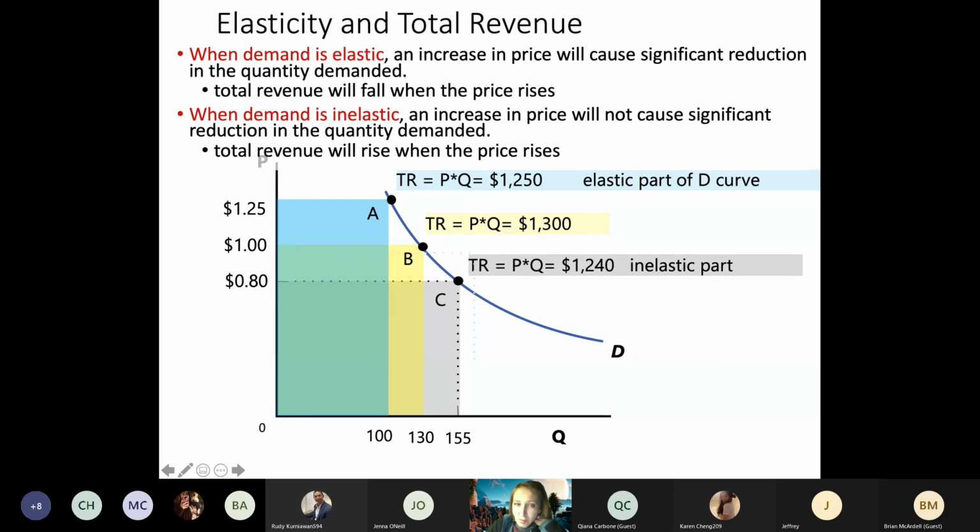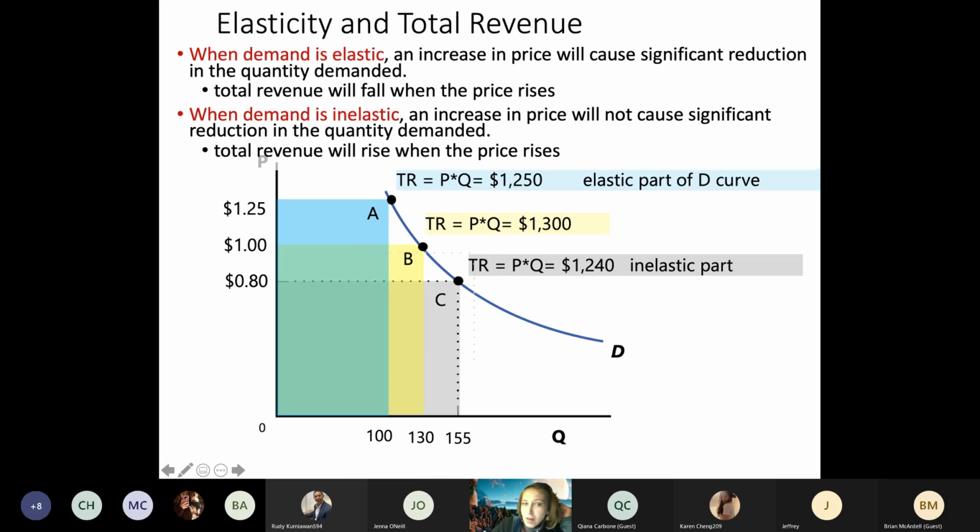And as you reduce the price, you may end up increasing your total revenue. That's the moral of the story. So you need to know how price sensitive your customers are, and then decide whether you want to go up in price or down in price in order to increase your sales revenue.